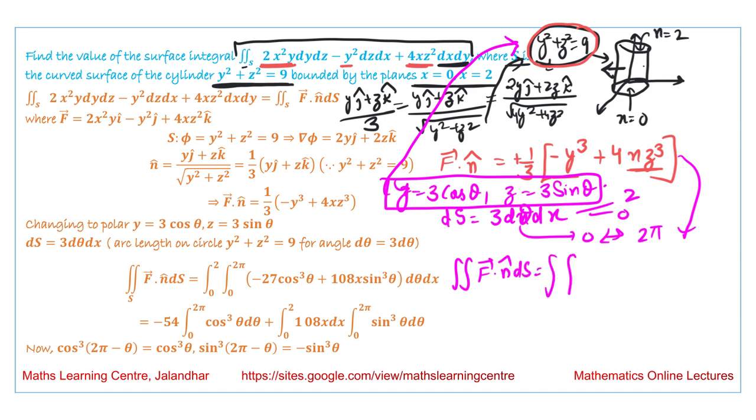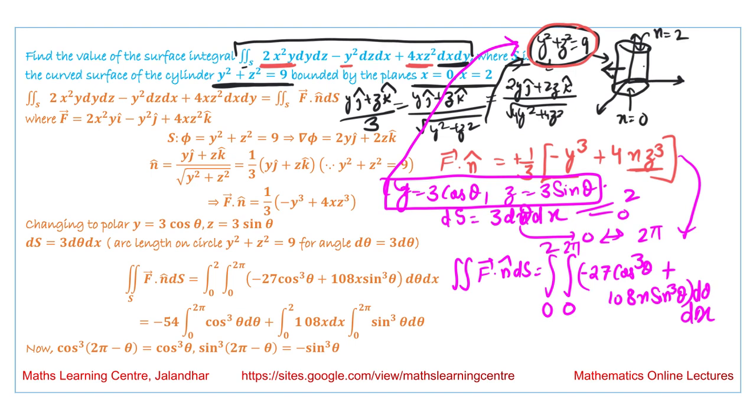double integral of f vector dot n cap ds, that is equal to the double integral of minus 27 cos cube theta plus 108 x sin cube theta d theta dx, where the limits for theta are 0 to 2 pi and the limit for x is 0 to 2.